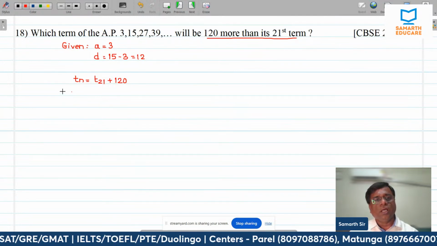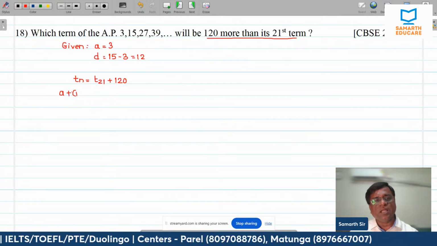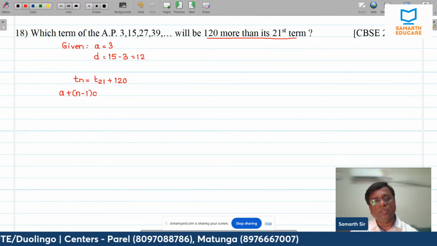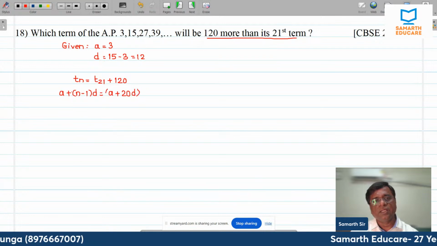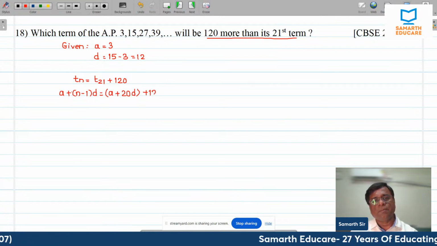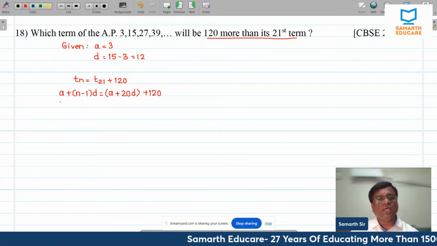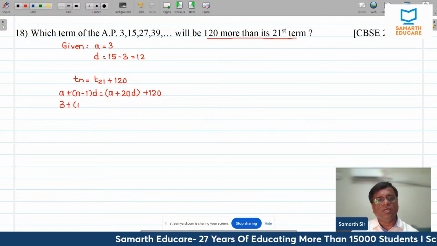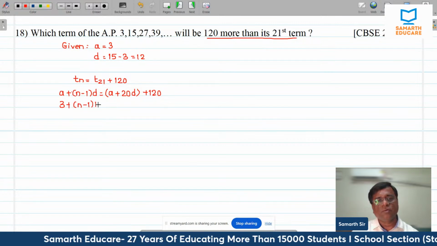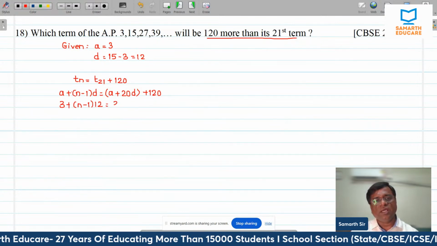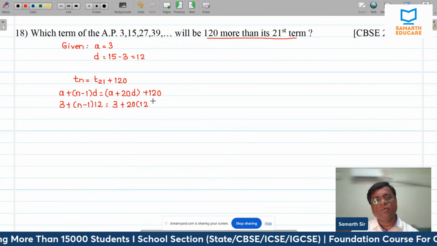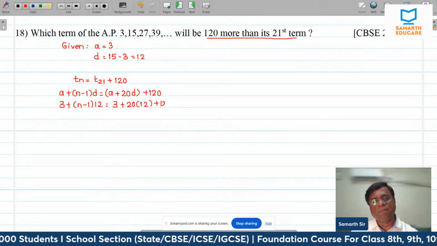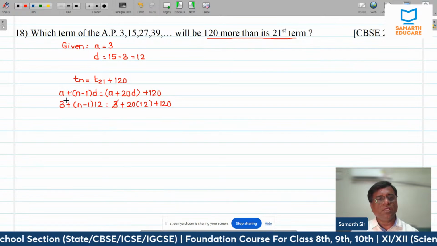So A plus n minus 1 into D is A plus the 21st term, that means A plus 20D, plus 120. So we have the value of A as 3, D value is 12. Again, the value of A is 3 and the value of D is 12, plus 120. So 3 and 3 easily get cancelled.